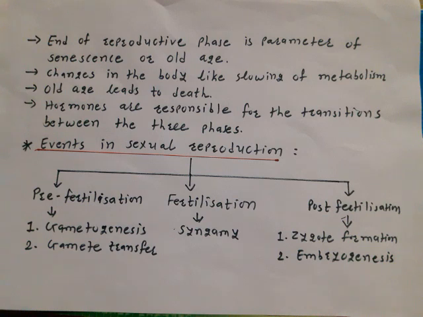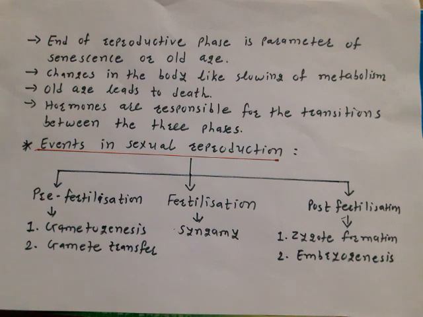As you know, mainly three phases are observed in higher organisms: first before reproduction, second reproduction, and third after reproduction. At the end of the reproductive phase, senescence or old age is observed. During this phase, some changes occur in the body, like slowing of metabolism.